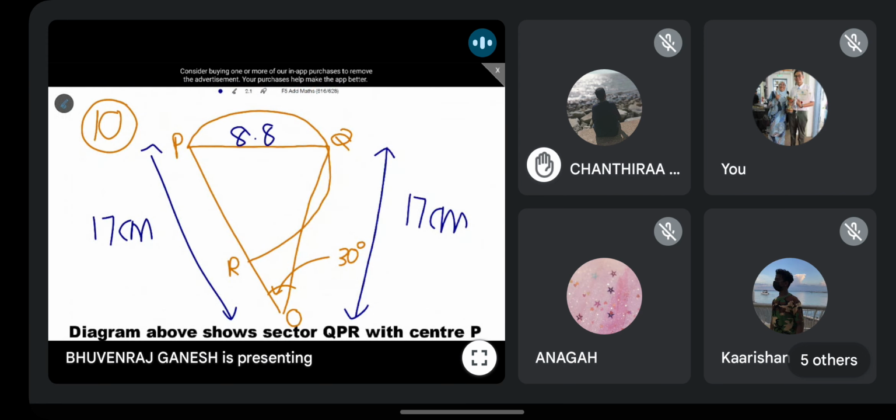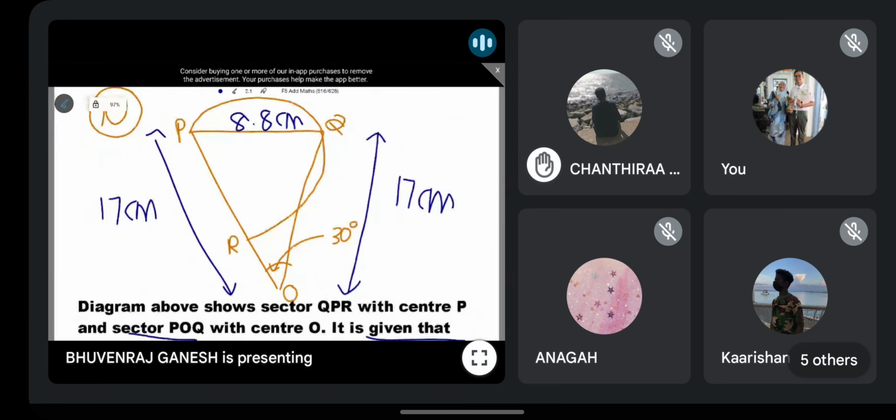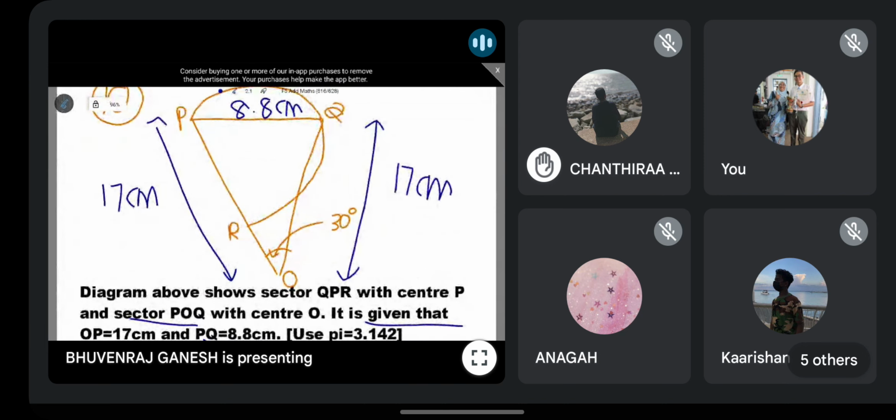So kamu label 8.8. So if PQ is 8.8, apa lagi nilai adalah 8.8 selain PQ? Ini cara kamu analisis saja. So what other length that gives you 8.8 cm?